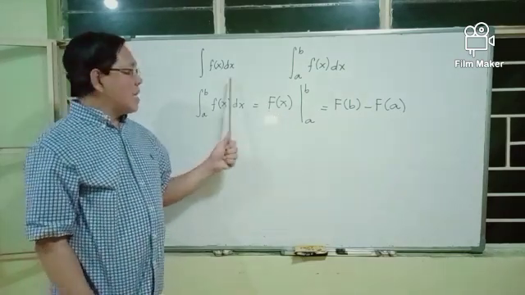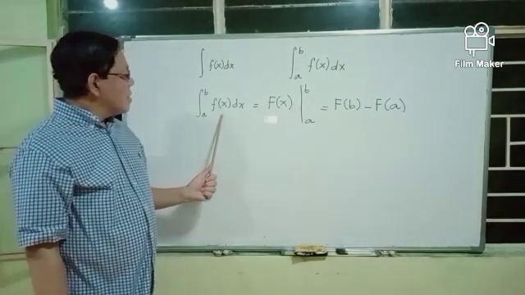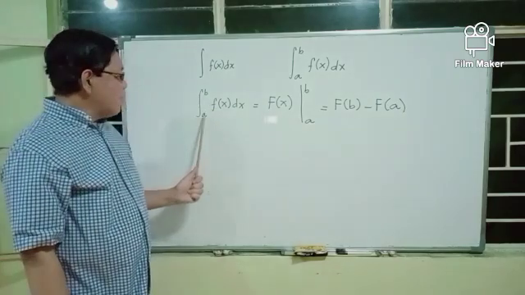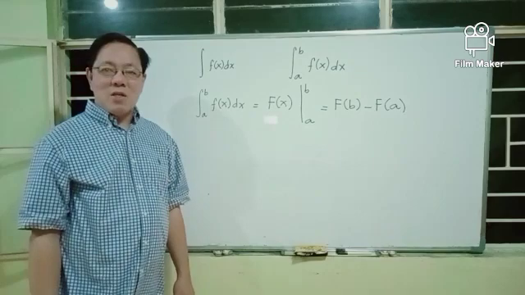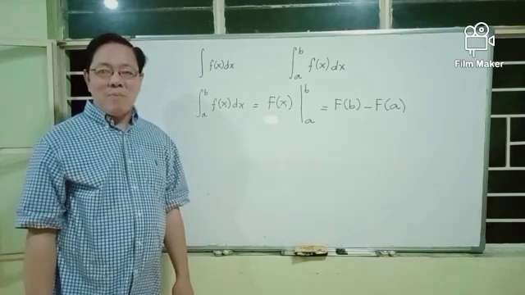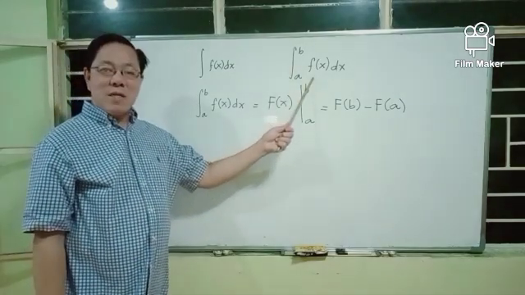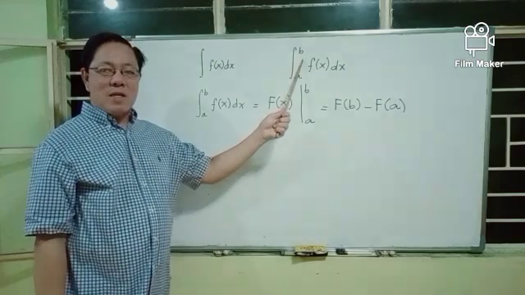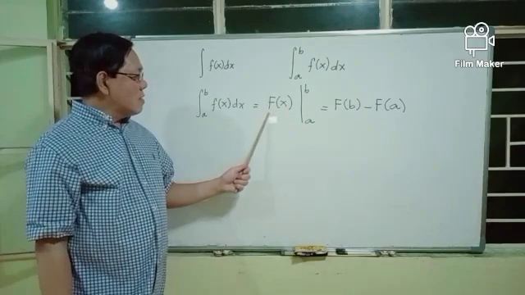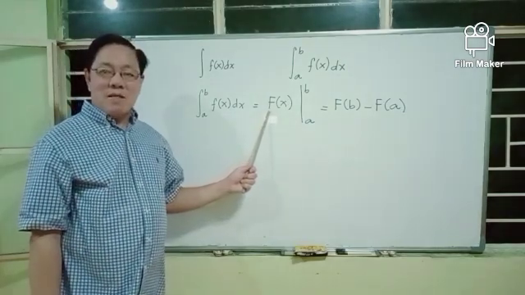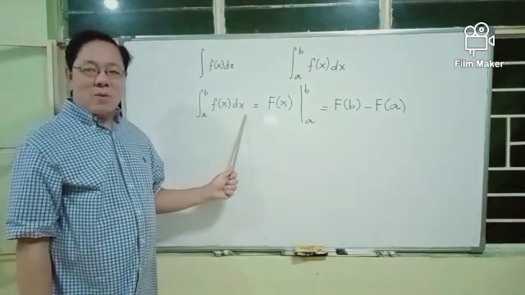Another difference between the indefinite and definite integral is that after evaluating the given integral without the limits of integration, we do not need the constant of integration, usually denoted by capital C. After evaluating the indefinite integral by removing the limits of integration, we no longer add the constant of integration, capital C. So this function capital F of x is the answer after integrating f of x with respect to x.